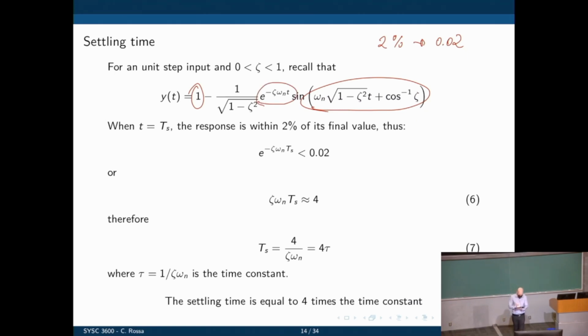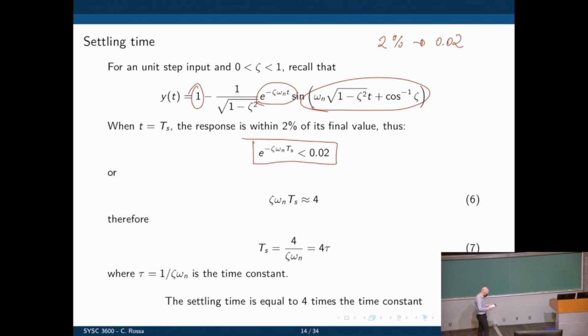So if we make the exponential smaller than 0.02, we are sure that we are within 2% of the final value. Does that make sense? Yeah? Sort of?